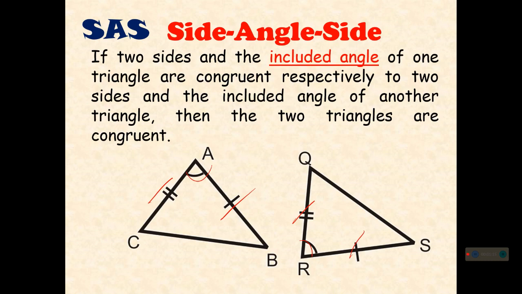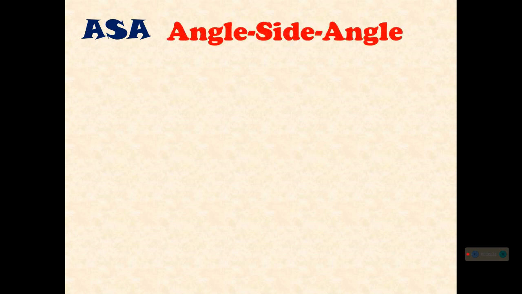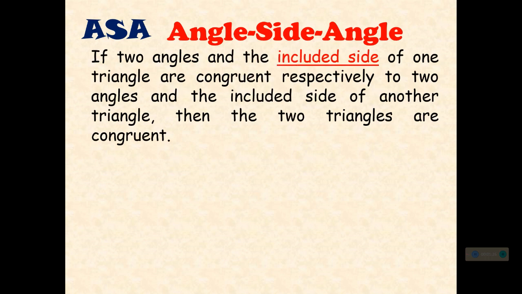Next, let us have the second one, which is the ASA or angle side angle. When we say angle side angle congruence postulate, that is, if two angles and the included side of one triangle are congruent, respectively, to two angles and the included side of another triangle, then the two triangles are congruent.